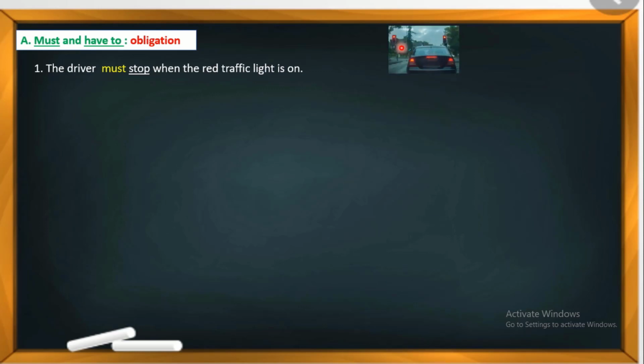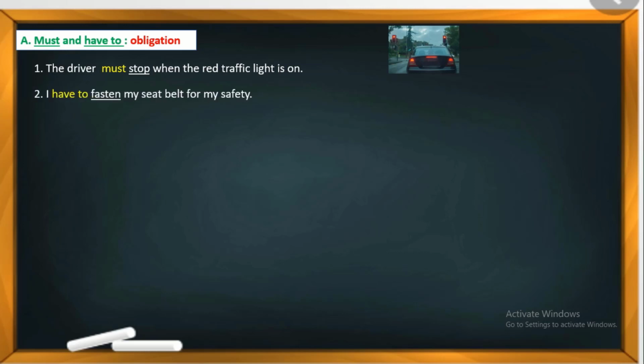Look at the picture. The red traffic light is on, and this is the driver. So, if the red traffic light is on, the driver must stop. It's very, very necessary for the driver to stop. It's obligatory for the driver to stop if the red traffic light is on.